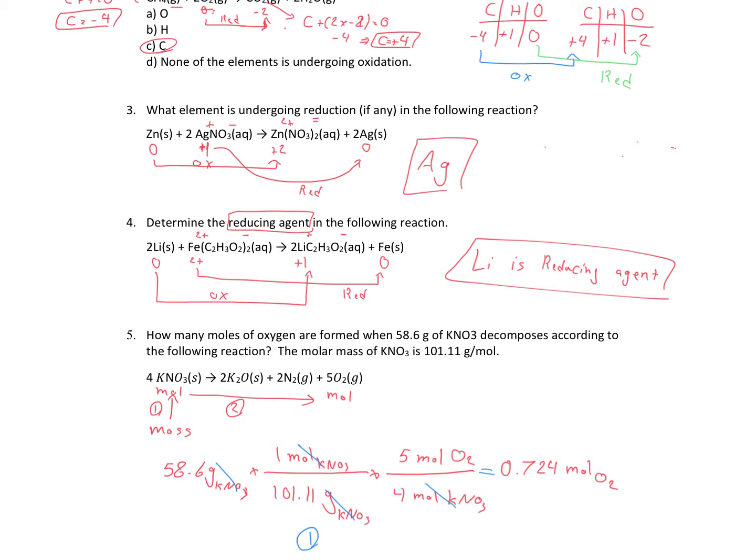The other thing you need to know for reducing agent and oxidizing agent is that when we say agent, we are not talking about just the elements. The reducing agent is the whole compound. For this example, it happened to be the solid lithium, but if I was asking what is the oxidizing agent, your answer shouldn't be Fe, because Fe is just a metal, and Fe itself cannot do anything.